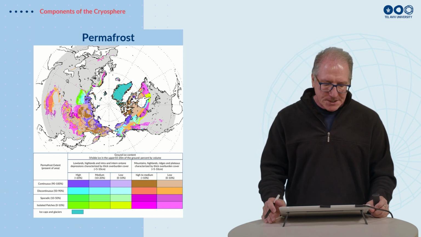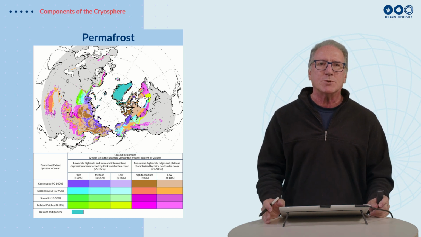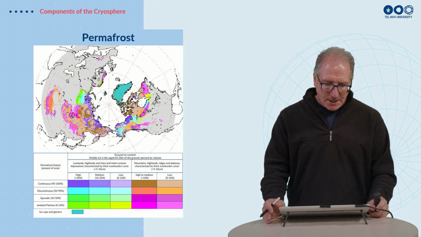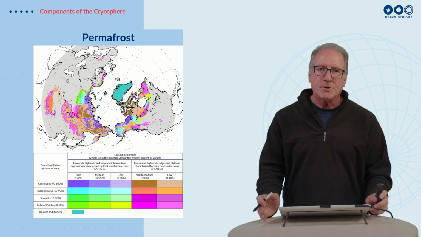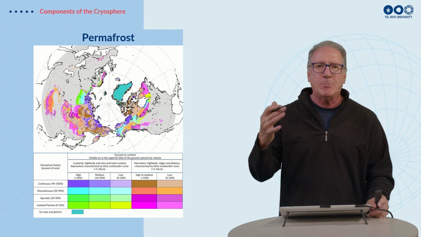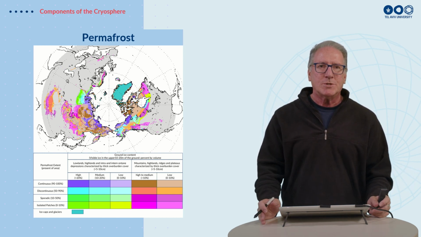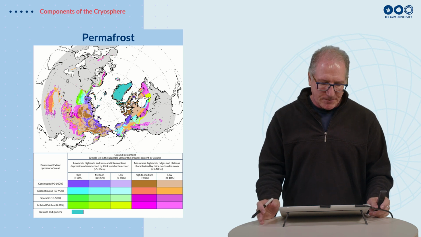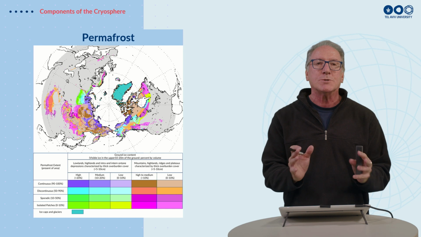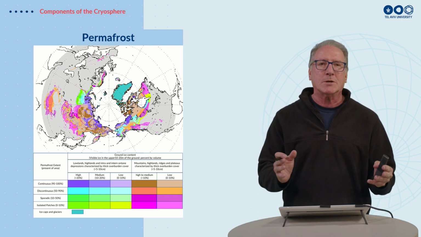The different shadings show you the percentage of those regions which are covered in frozen ground. It's also divided: the greens are in the low-lying regions, and the purples and the oranges are more in the alpine mountainous regions. So we can see even places like Tibet, which are very high altitude, there's a fair amount of permafrost. Obviously, as we go closer to the polar regions, we see more and more permafrost because the temperatures get colder and colder.